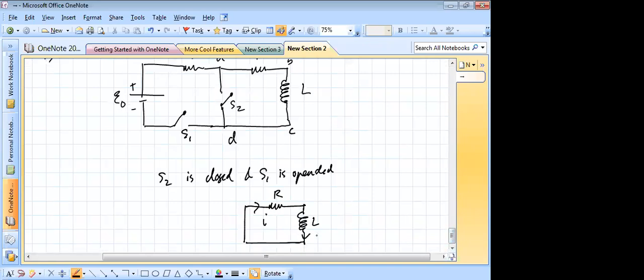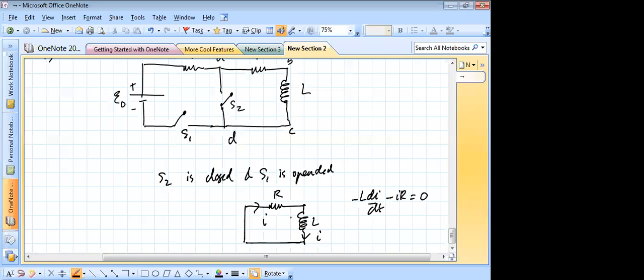So if the current is like this at that point of time, then L di by dt and IR should be 0. Okay. But the polarity is also shown like this.